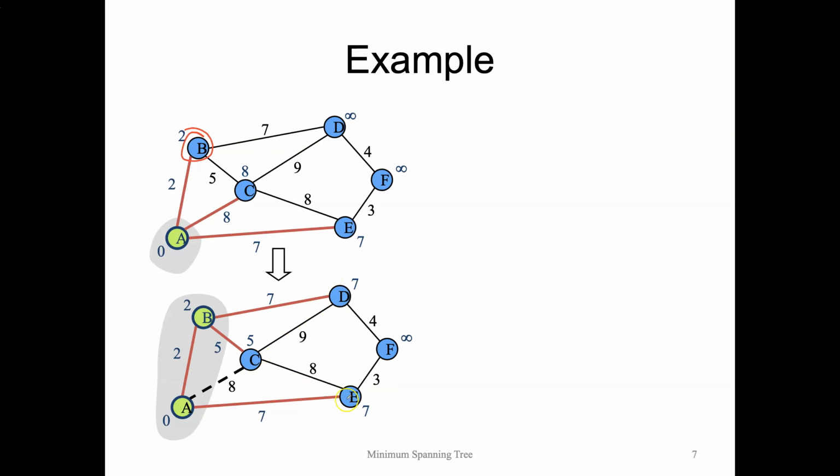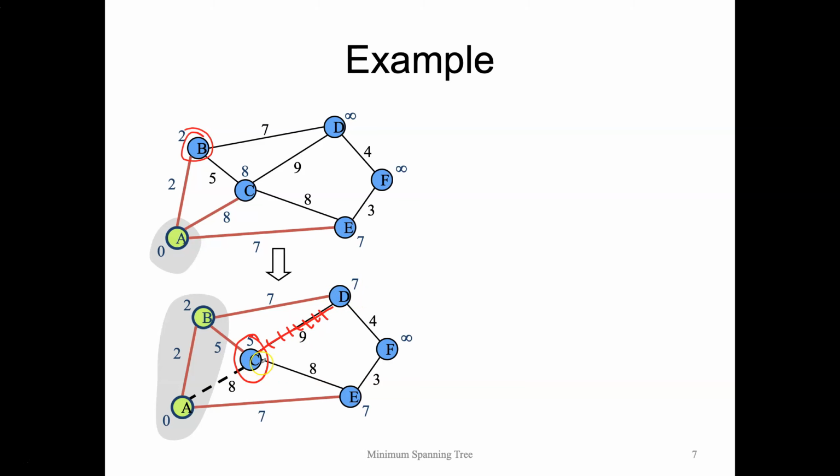So now the remaining vertices not in the cloud yet, we take whichever one has the smallest distance label, which is, in this case, C, and we'll relax all incident edges. So from C to D, this doesn't improve anything because 9 is a larger value than 7, so we won't use this edge.